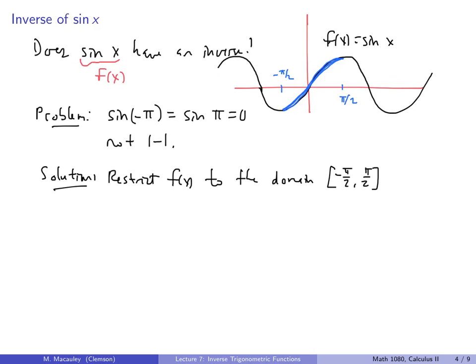Okay, so the inverse function of sine of x on this restricted domain is just this thing reflected across the line y equals x. So let's be careful when drawing the line y equals x, because this is not necessarily to perfect scale. So this is pi over 2.